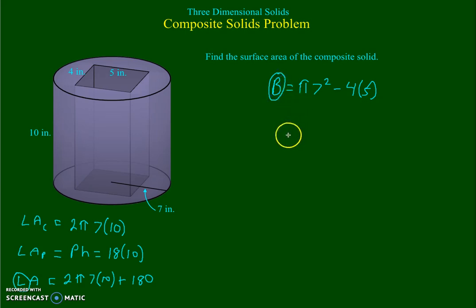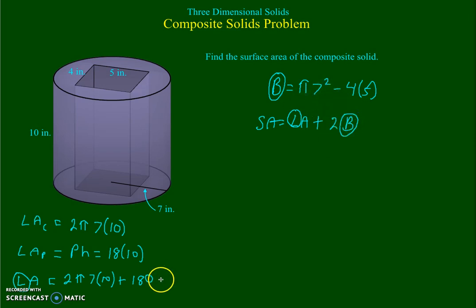And now we're ready for our full surface area calculation. So surface area is equal to the lateral area, which is what we had stored in L, so I'll just call that up, plus 2 times area of the base. And we'll be calling that up out of the calculator.